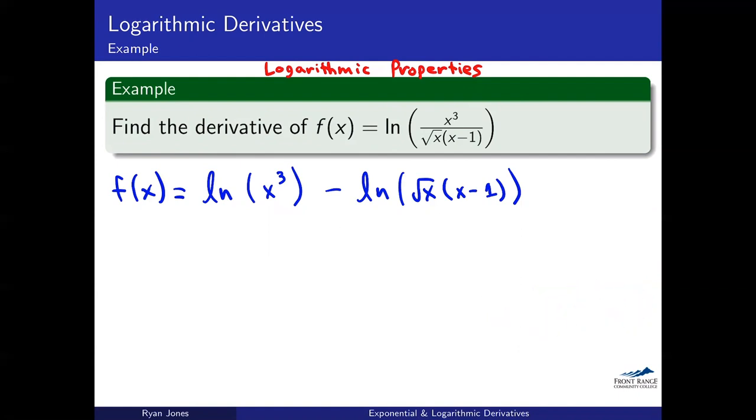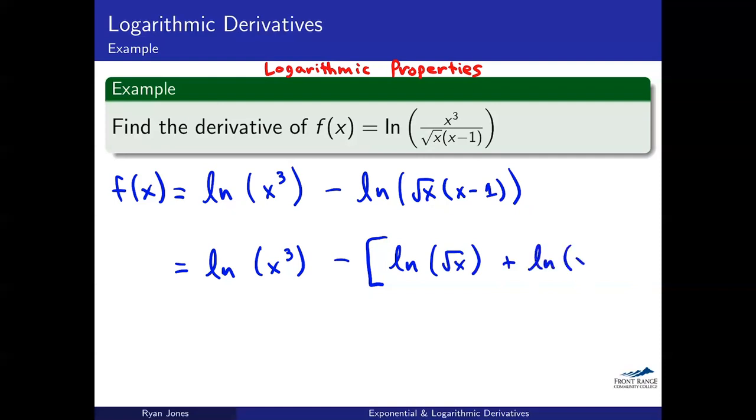And then another rule is that if I have two things that are multiplied by each other inside a natural log, I can actually add those together. And there we go.